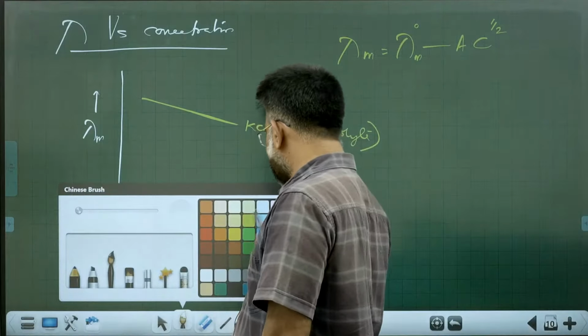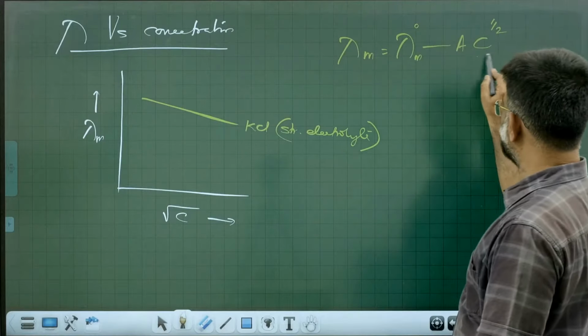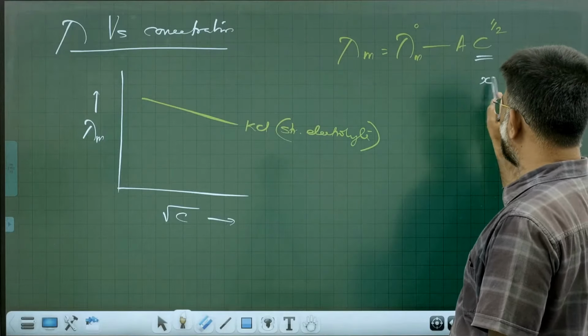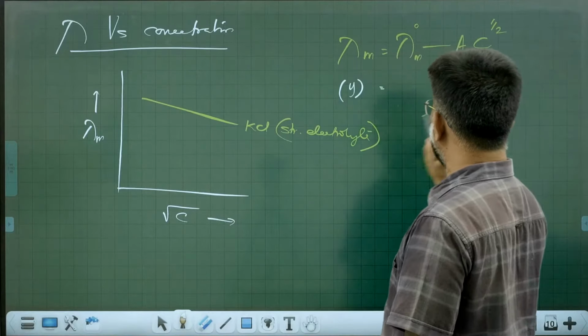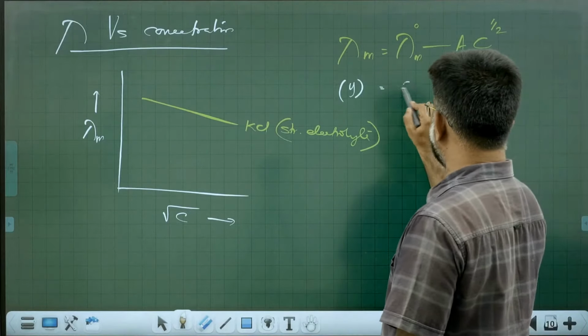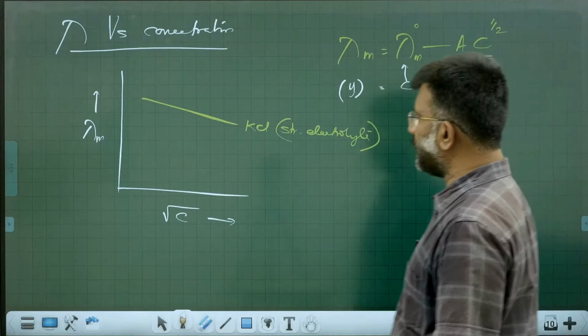C raised to half, that is root c, is along the x-axis, and lambda m is along the y-axis. Y is equal to mx plus c. So this is the y-intercept.